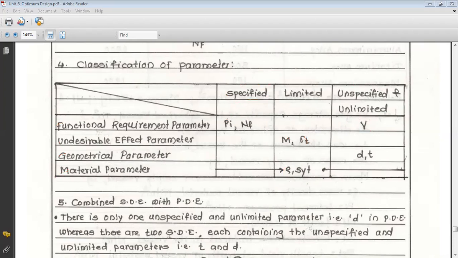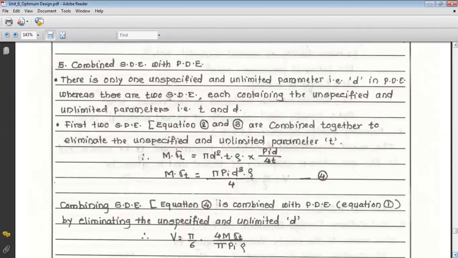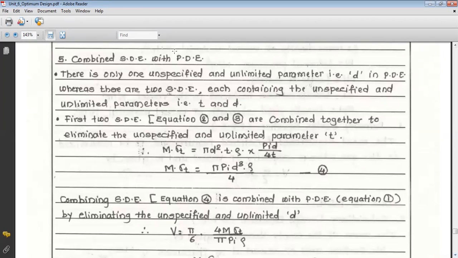Now, the next important step in optimum design is that we have to combine SD with the primary design equation. There is only one unspecified unlimited parameter in the primary equation, that is diameter, whereas there are two subsidiary design equations, each containing the unspecified unlimited parameters t and d.